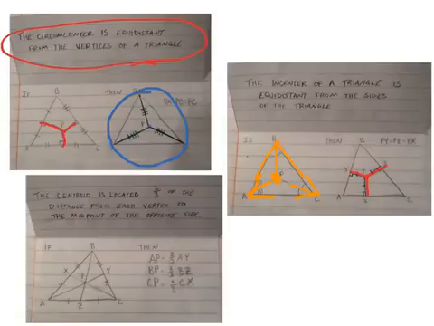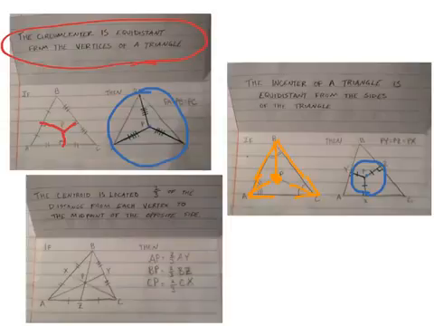So from incenter P to Y could be 5 feet, P to X would then be 5 feet, and P to Z would be 5 feet. The incenter also allows us to create an inscribed circle inside the triangle.